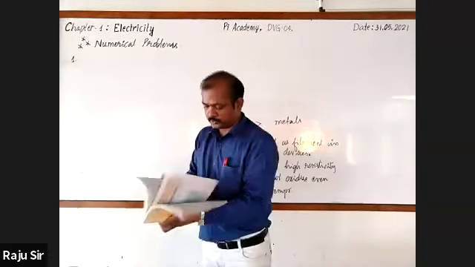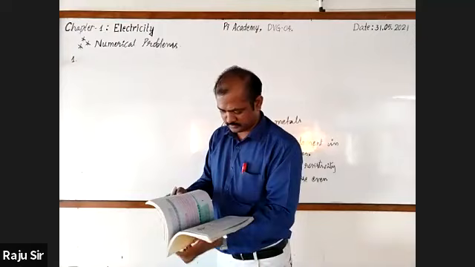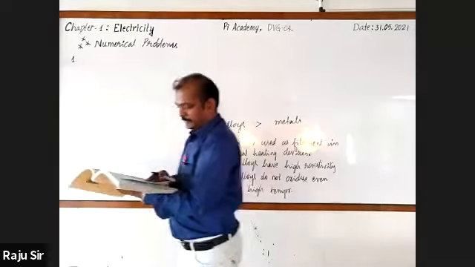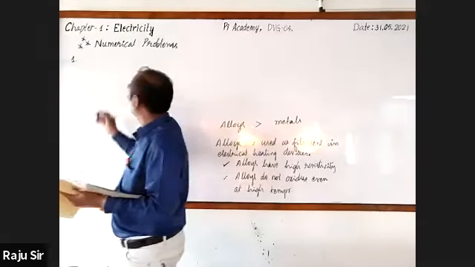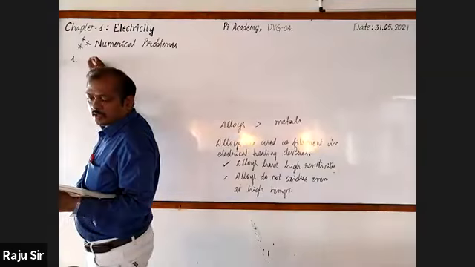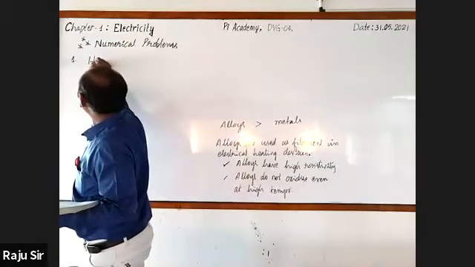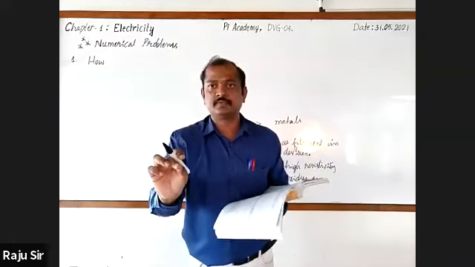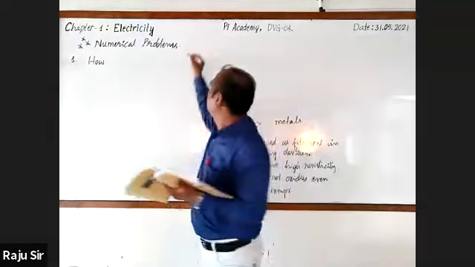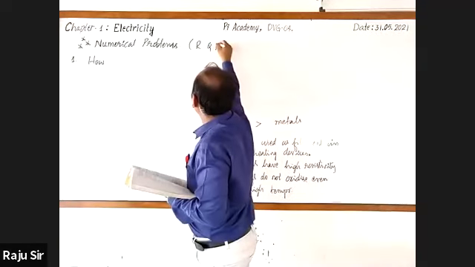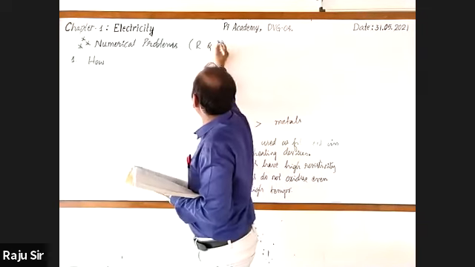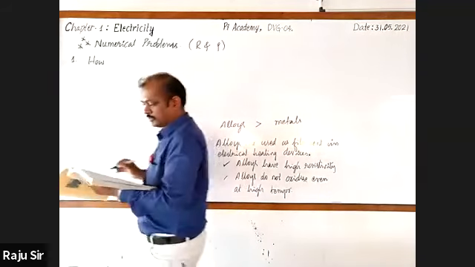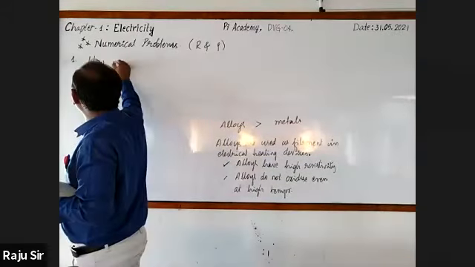It is from the textbook only. First one, how much current? See, these numerical problems are related to electric resistance and resistivity concept. In bracket, I'll write R and rho. How much current?